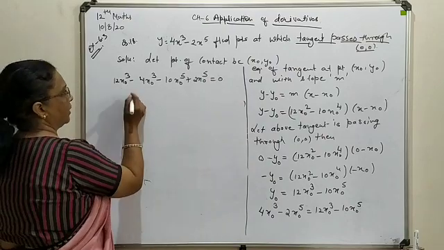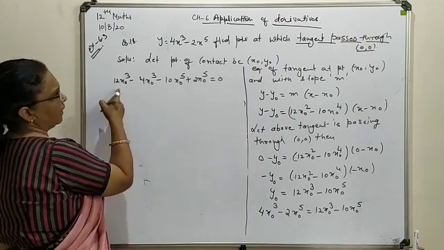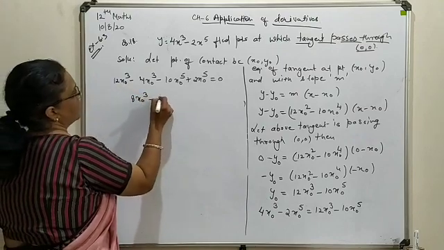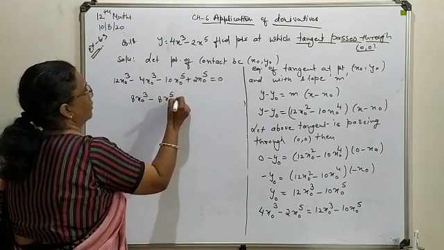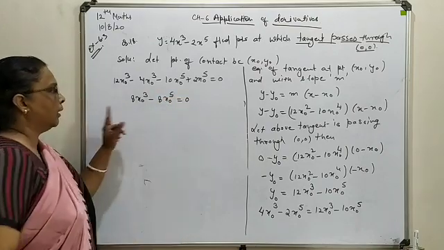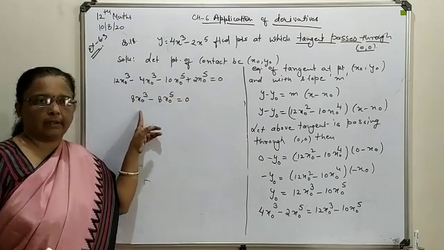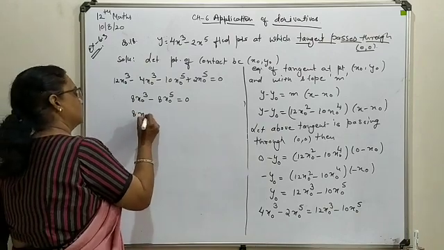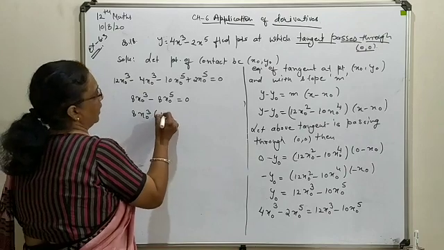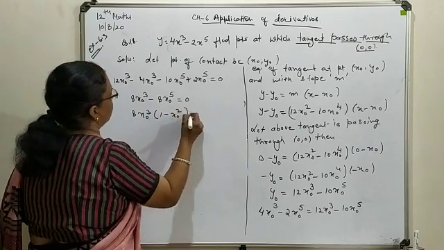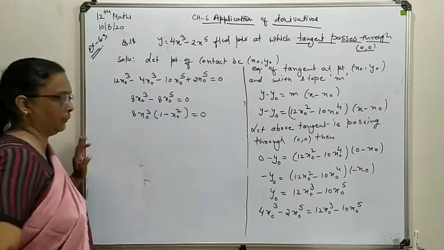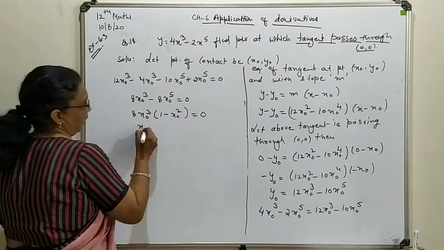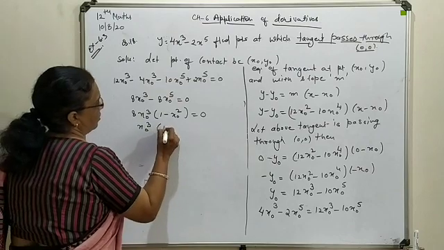Make them subtract. This will give you 8 x0 cube minus 8 x0 power 5 is equal to 0. Here it is very clear that your 8 x0 cube is common. Inside the bracket, 1 minus x0 square is equal to 0 is left with you. Here 8 is a non-zero quantity, so for comparison this expression we are having.